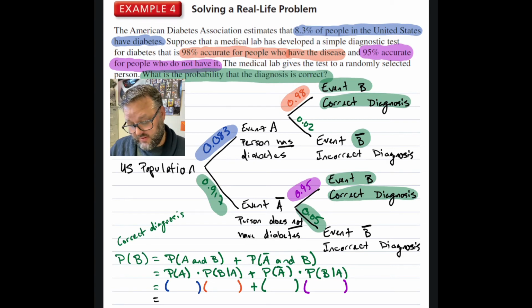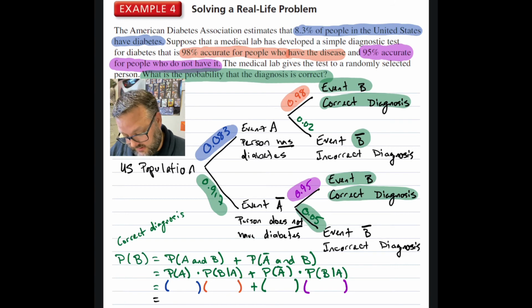So how we find that is that overlap. What happens when A and B are correct? And what happens when not A and B? Because that takes us down the path both times of the diagnosis being correct. Remember, event B is that it is a correct diagnosis, but we have to account for a correct diagnosis that you have diabetes and a correct diagnosis that you don't have diabetes.